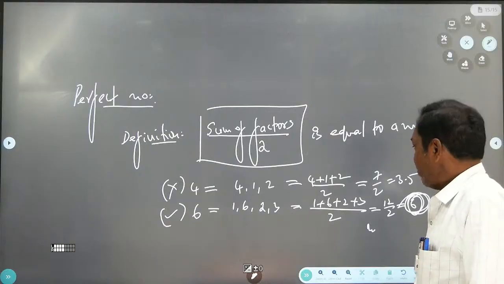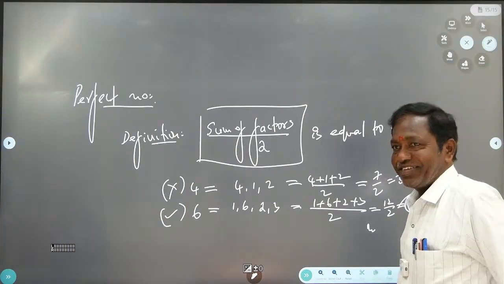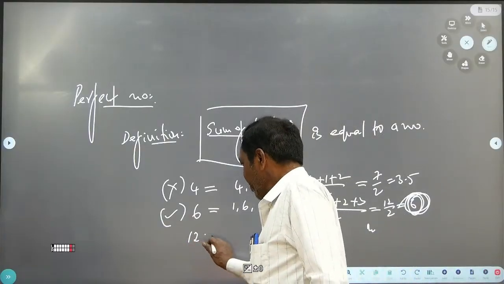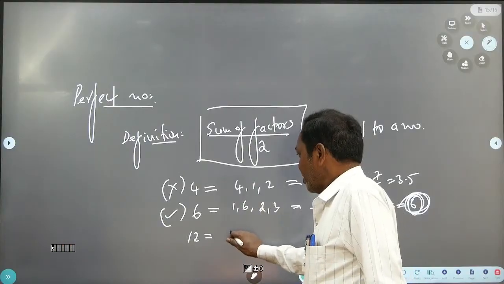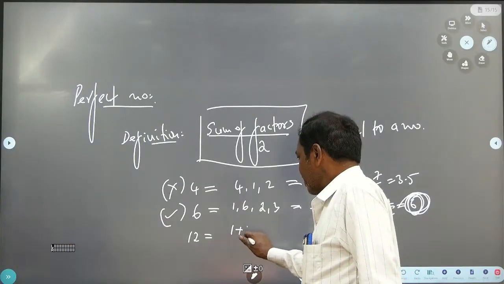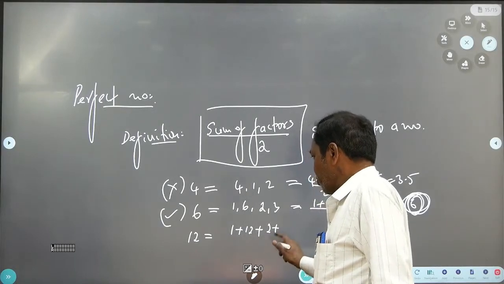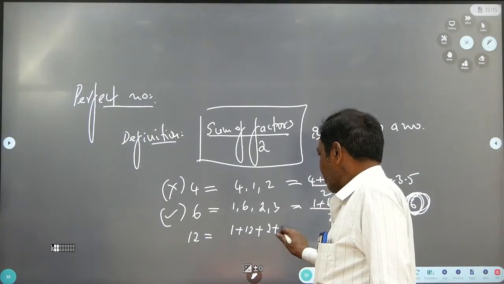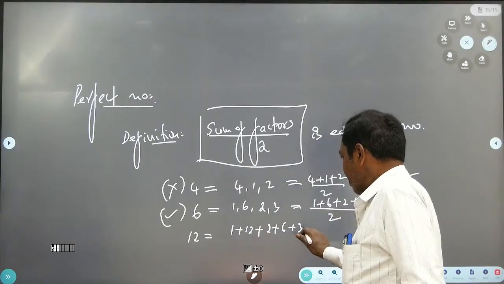Then we have to check whether multiples of 6 are possible or not. Multiples of 6, let us take 12. We don't know, I am trying now. What are the factors for 12? 1 plus 12, 2 plus 6, 3 plus 4.